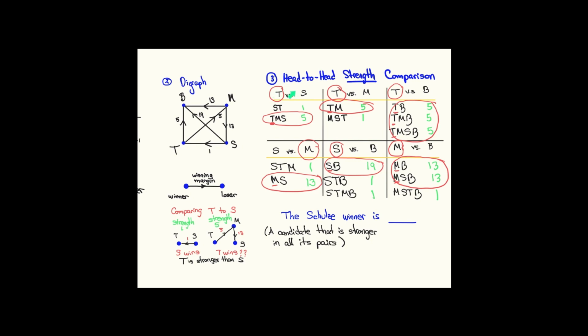As you can see here, T is stronger in the first, second, and third pairs, and it does not participate in any of the last 3 pairs. Therefore, T is stronger in all its pairs, and so it is the Schulze winner. This means that the group is going to Temescal Canyon this weekend.